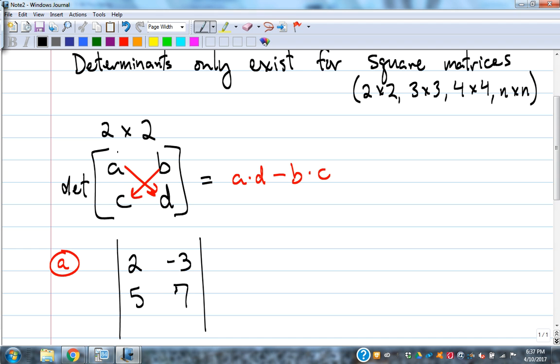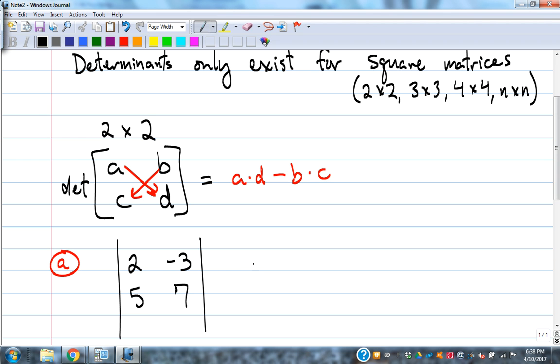They could write DET and then the matrix, and that means find the determinant, or they could put it in these absolute value looking bars. That means the same thing. So the notation there, you just got to know what it means. If it's in absolute value bars, that means determinant of that thing. Okay. If it says DET and then the matrix, that means determinant of that thing. Those two things mean the same thing. I don't know why they use both of them. This book tends to just bounce back and forth all over the place with that notation.